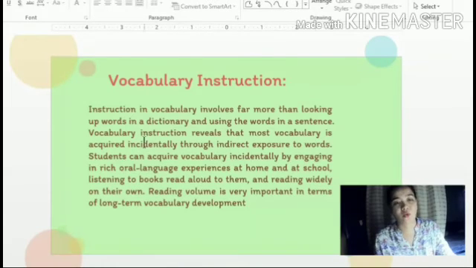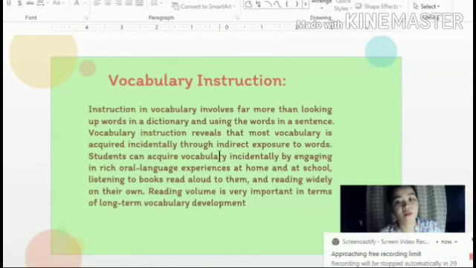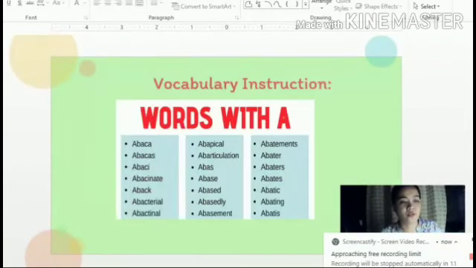Students can acquire vocabulary incidentally by engaging in rich oral language experience at home and at school, listening to books read aloud to them, and reading widely on their own. Here is an example: word of the day. Let them recognize the word.